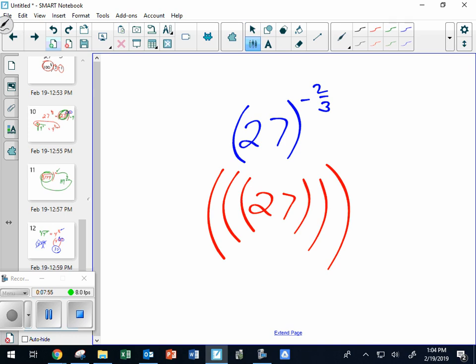If I had 2/3 and I put it to the -1, it would make it into 3 over 2. It flips it. What if it's a normal number like 5 and I put it to the -1? It flips it. How can you flip a 5? Because a 5 is really a 5 over 1, right? So then, can I flip this thing and say it's 1/5? Yep.